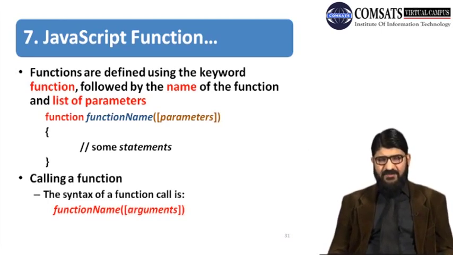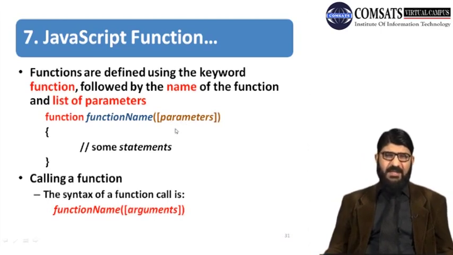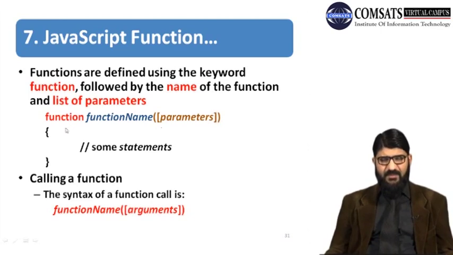So how to write a function in JavaScript? First use the reserved keyword function, as mentioned here in red color, and then write the name the user wants to give the function, and then mention in brackets the parameters that function supports.